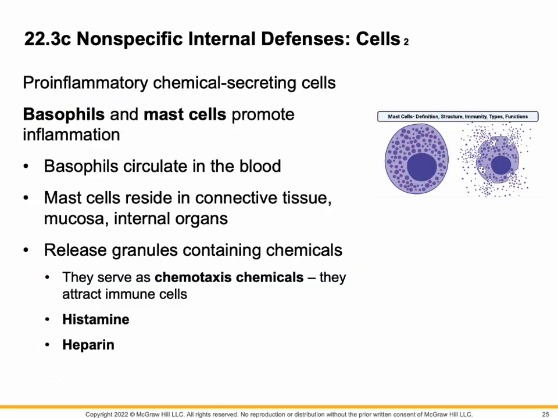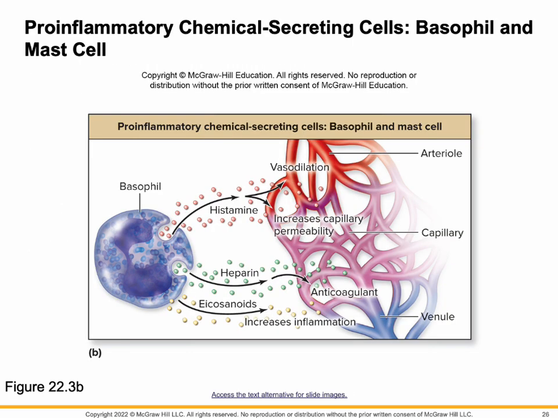So you also have some other cell types like basophils and mast cells. These circulate in the blood. They can also reside in connective tissue and mucosa as well. And the main thing with these is they're going to be secreting and releasing various types of chemicals, right? And these chemicals are going to have effects on the cardiovascular system to some degree, but also they're going to obviously have a major role in our immune system, right? So the two main chemicals that are released here are called histamine and heparin, right?